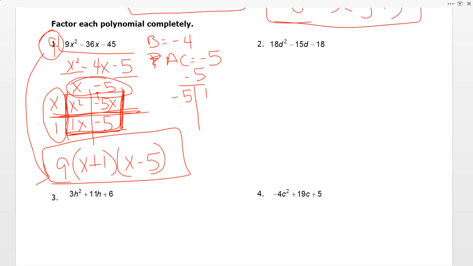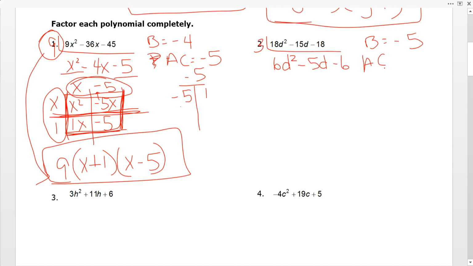Number 2 also has a greatest common factor, which is 3. So I divide everything by 3, and I have 6d squared minus 5d minus 6. Okay, my sum is -5. My product is -36 because it's 6 times 6.